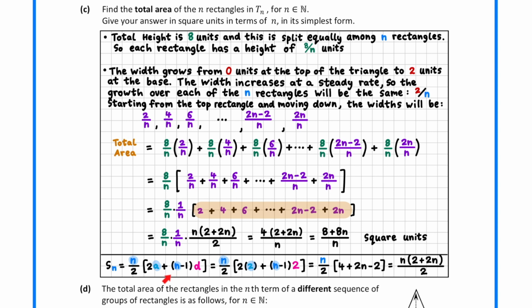The first term, a, is equal to 2. And the common difference, d, is equal to 2. When we sub in and simplify, we get n times 2 plus 2n all over 2. We can write this expression in for the sum we had, and then simplify to get our final answer.